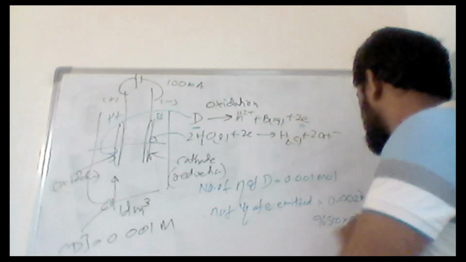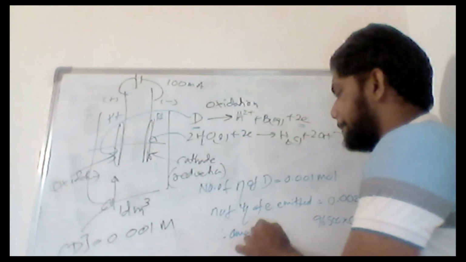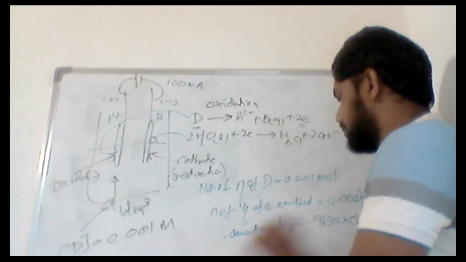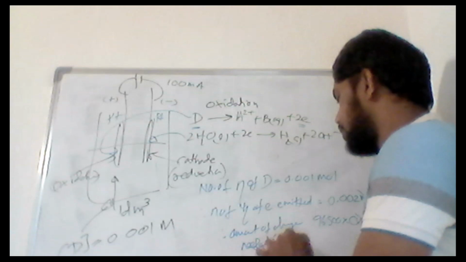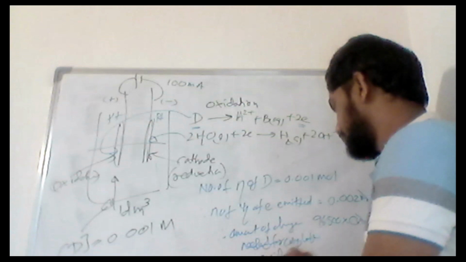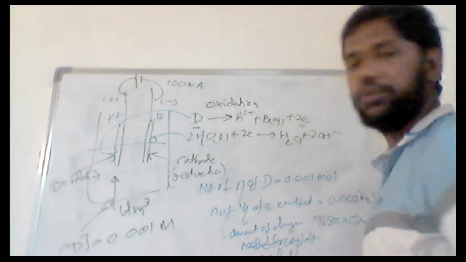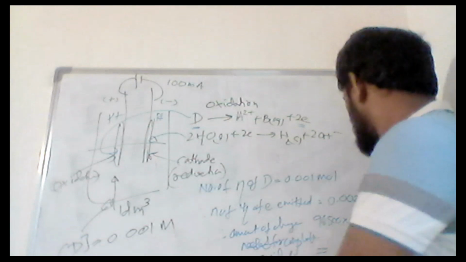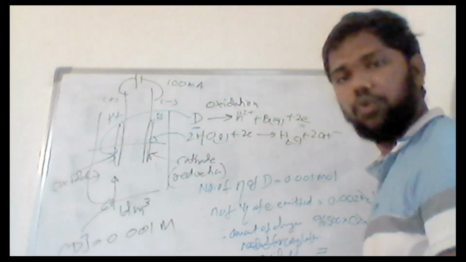So mole to mole gets cancelled, and you know the amount of charge needed for complete oxidation. It will be 96,500 times 0.002. So you know the charge in coulombs.